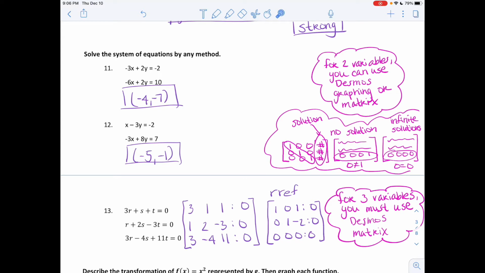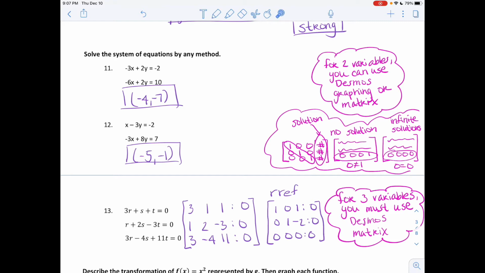Now we need to look at the last row, which is all zeros, and compare that to no solution and to infinite solutions. All zeros is basically saying that 0z, or in this case t, is equal to 0. That's a true statement, and so we have infinite solutions.